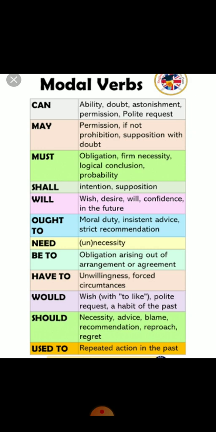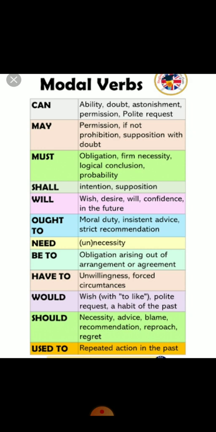But with modal auxiliary, we can only use the first form of verb. You cannot use second form, you cannot use third form, such as he can write. I cannot say he can writing, or he can wrote, or he can written. With modal auxiliary, you have to use only the first form of verb, that is, he can write. The first form is write.